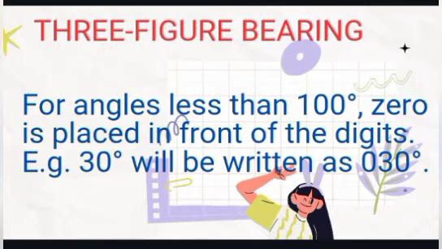So if you are told to give 3-figure bearings and you write something like 30 or 90 just like that, you will be wrong. If the angle is not up to 100, you are expected to add 0 before the number.